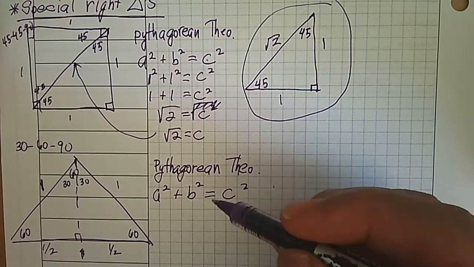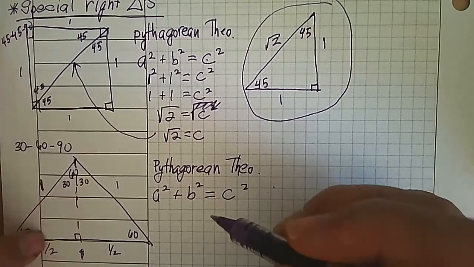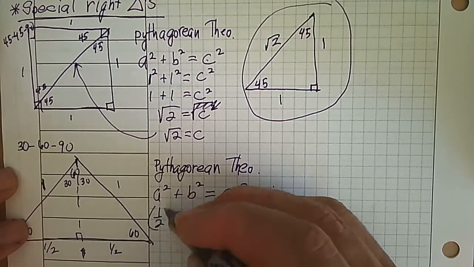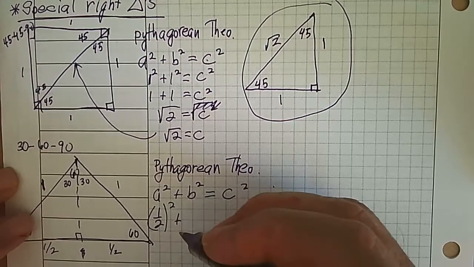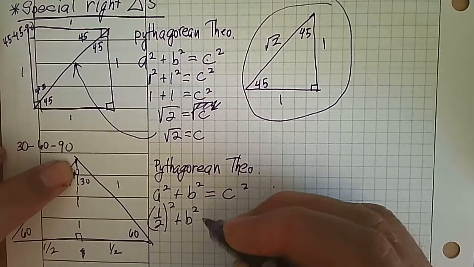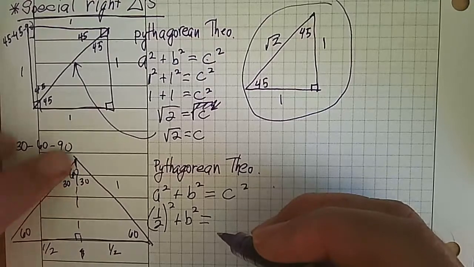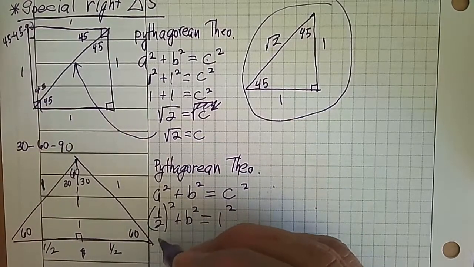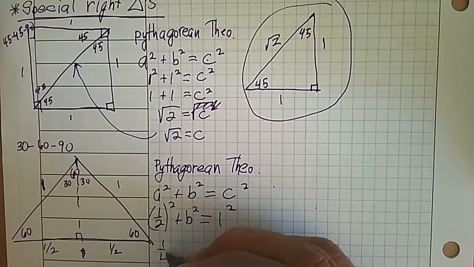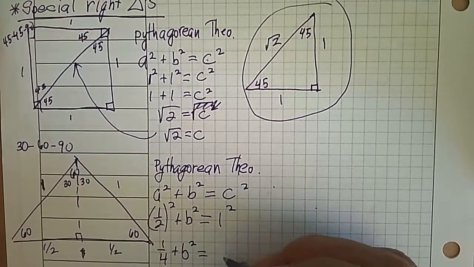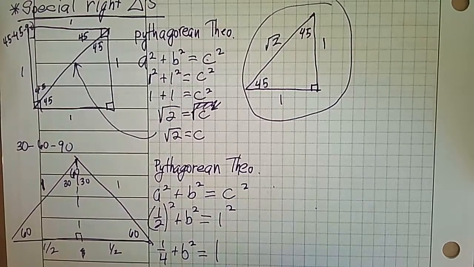So these will be the legs. One leg is a half, and you square that. The other leg, we don't know, so we call it b squared. Keep it as b. And the hypotenuse will be 1 squared. 1/2 squared will give you 1/4, plus b squared is equal to 1.